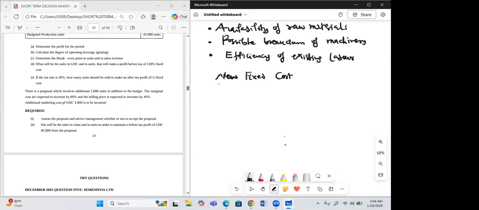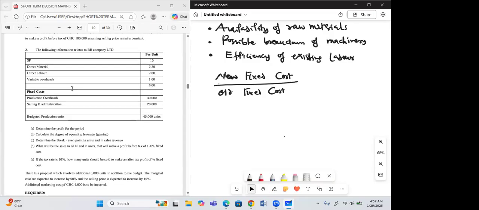So the new fixed cost, what's the old fixed cost? From the question, what's the old fixed cost? It was 60,000, right? 40 plus 20. Yes. 60,000. Now they say we will incur additional marketing costs.